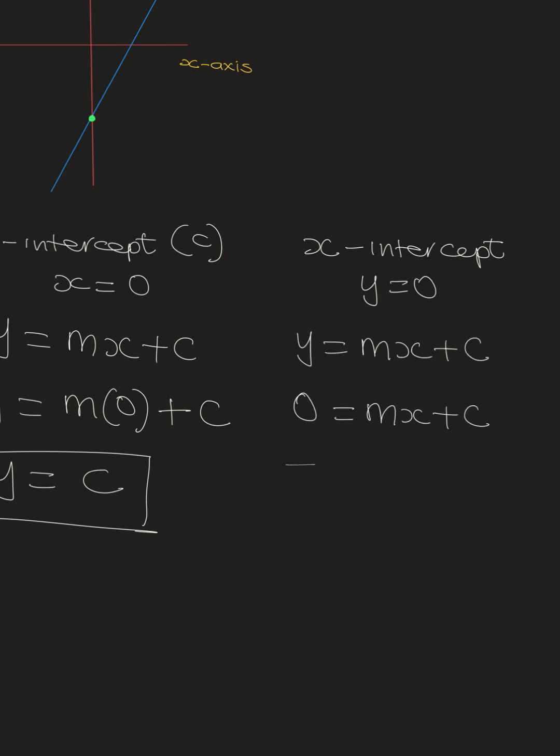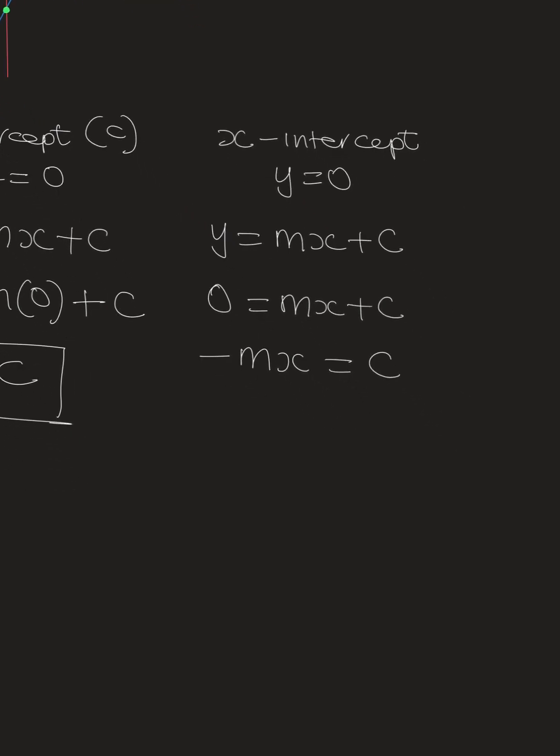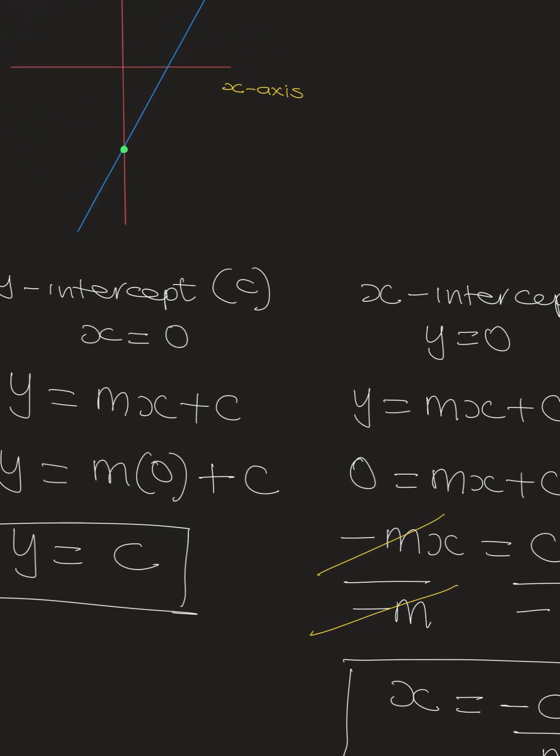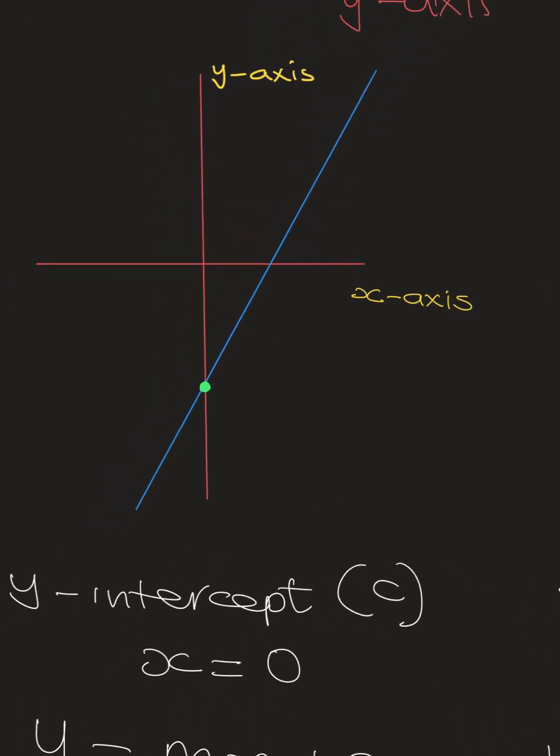So that is minus mx is equal to c. So if I want to know the x value, I will divide both sides by minus m. So therefore, the x-intercept is equal to minus c divided by m. Which means if we want to find the x-intercept, we're going to divide the y-intercept by the gradient, with a negative sign.